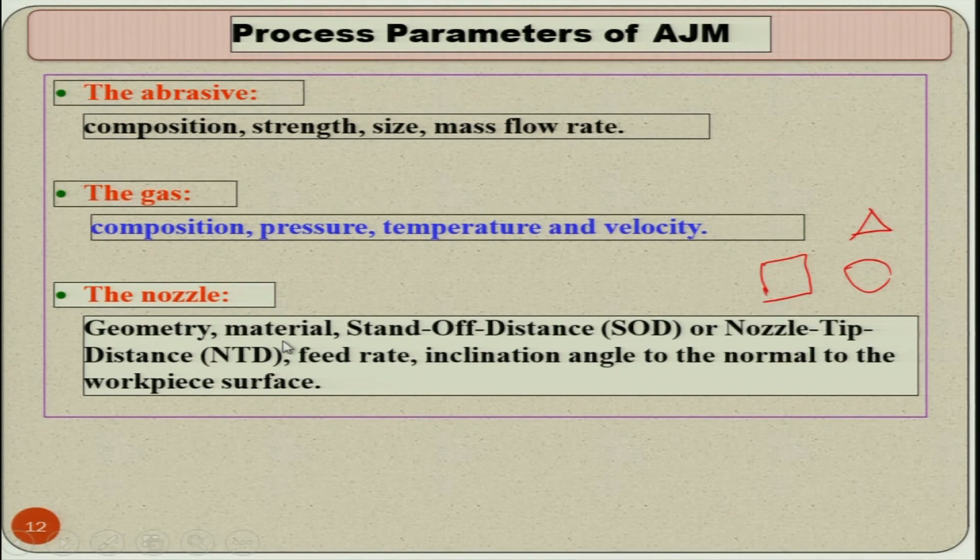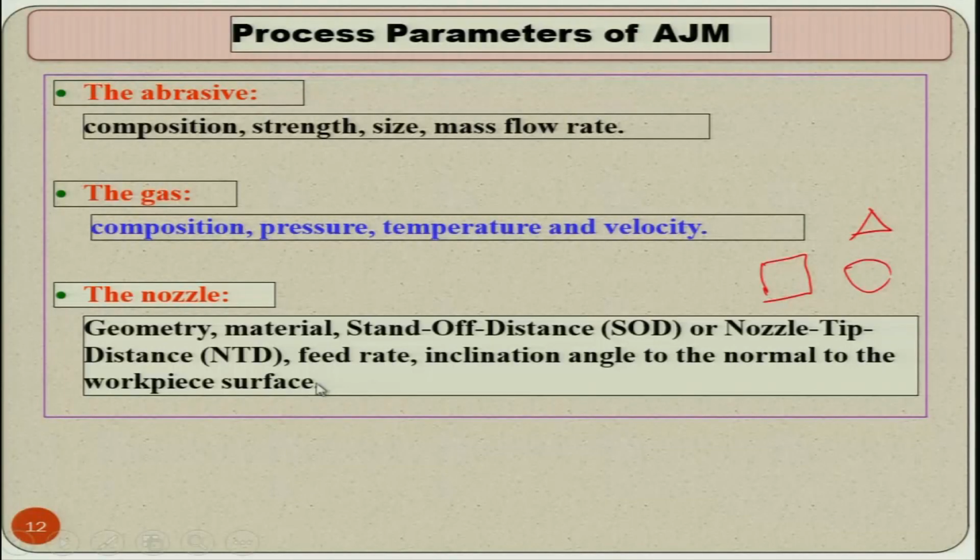The material of the nozzle is again important, because wear of the nozzle will continuously take place, because abrasive particles are first rubbing the nozzle surface while coming out of the nozzle. And then stand off distance, SOD, or nozzle tip distance, is another parameter which is going to considerably affect the cavity characteristics that you are going to machine.